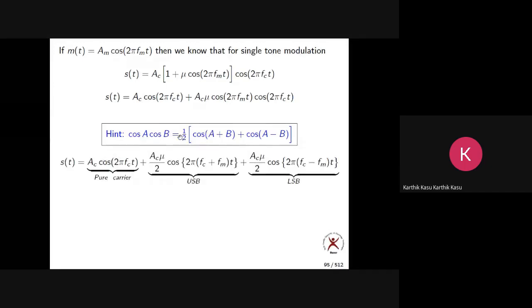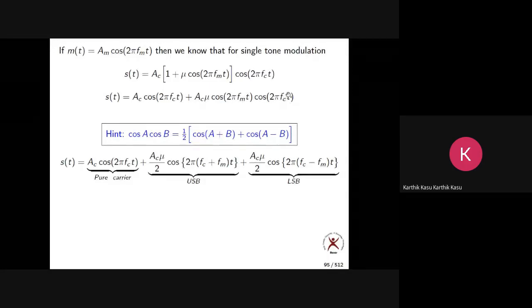Now, let us solve s of t. s of t equals Ac cos 2 pi fc t as it is, so this is a pure carrier, plus Ac mu by 2 cos(A plus B). What is A? 2 pi fm t.